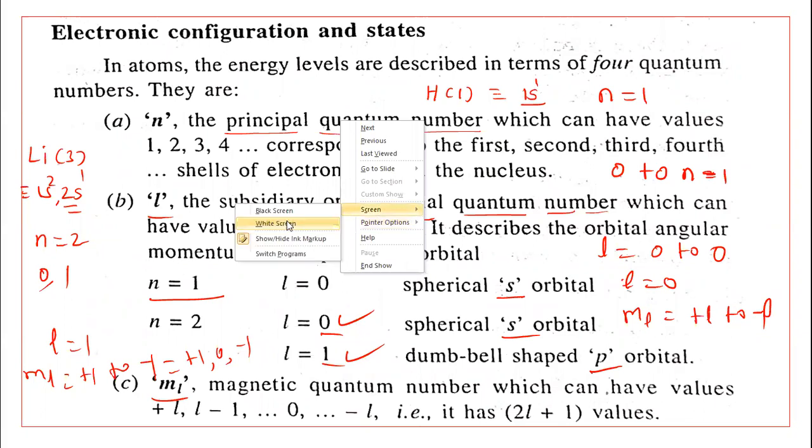Let us show this. See here. N is the principal quantum number, which has the values n equal to 1, 2, 3, 4.